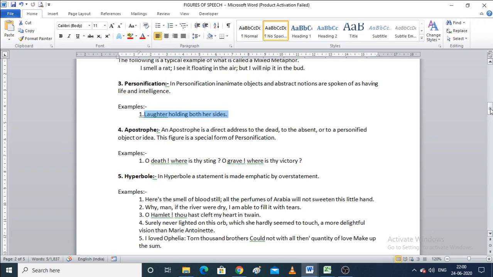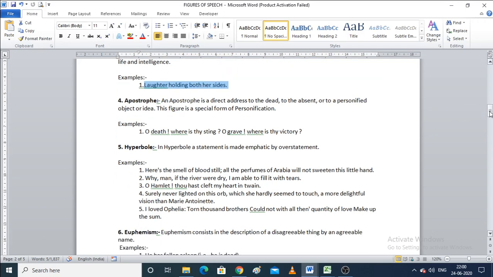Now apostrophe. An apostrophe is a direct address to the dead, to the absent, or to a personified object or idea. This is a special form of personification. In personification, we have read that non-living things are acted as living things.